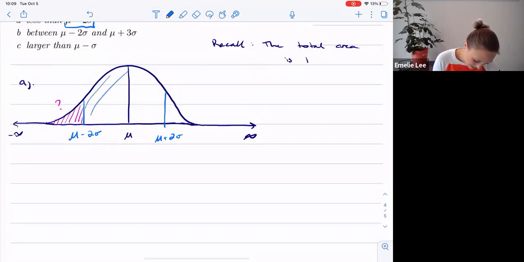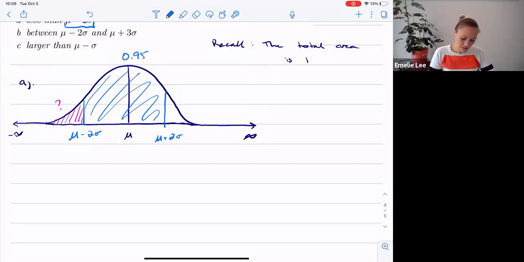I know that this area here is 0.95 because I have moved out 2 standard deviations on either side of the mean. Now, I also know that the total area is 1. Okay, it's symmetric about the mean.